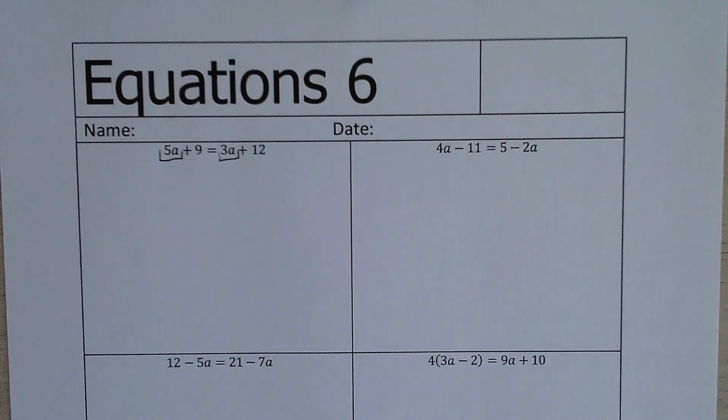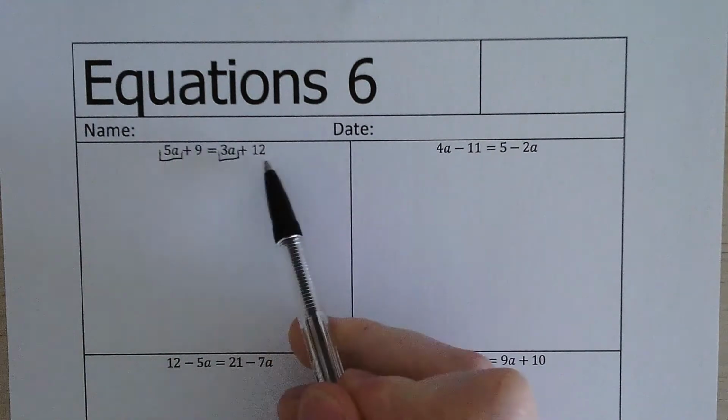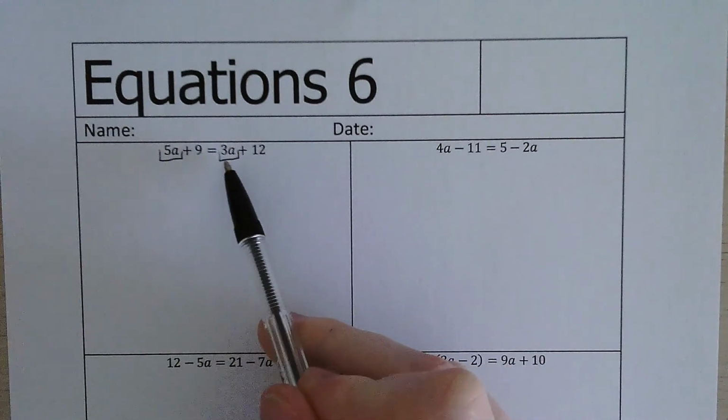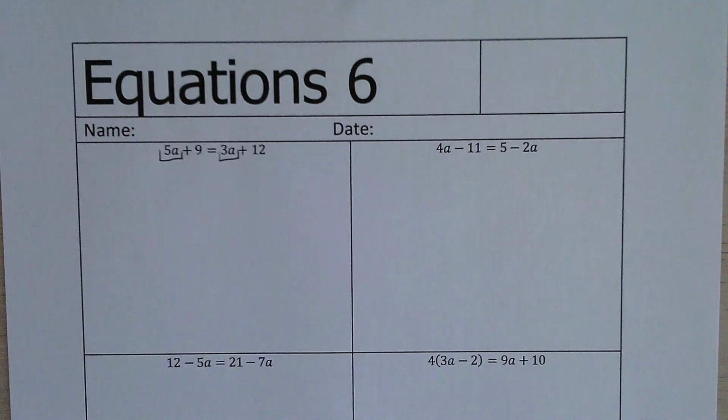Once we've found the smallest term that contains the variable, that's the term that we need to try and do the opposite operation of. This 3a and 12 are being added together, so I need to do the opposite operation of adding 3a.